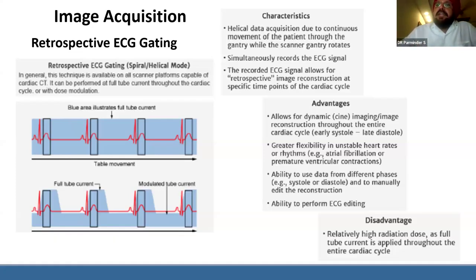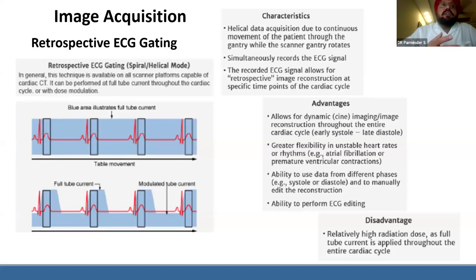And there is greater flexibility in unstable heart rates or rhythms, for example in atrial fibrillation or premature ventricular contractions, where we may have to go back and delete some beats from where we don't want data. We need to reconstruct the images, maybe sometimes not from systole or from diastole.